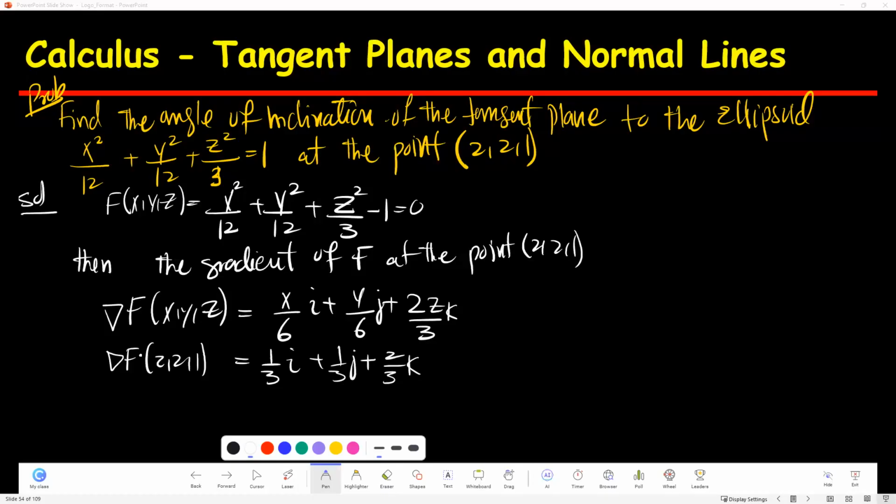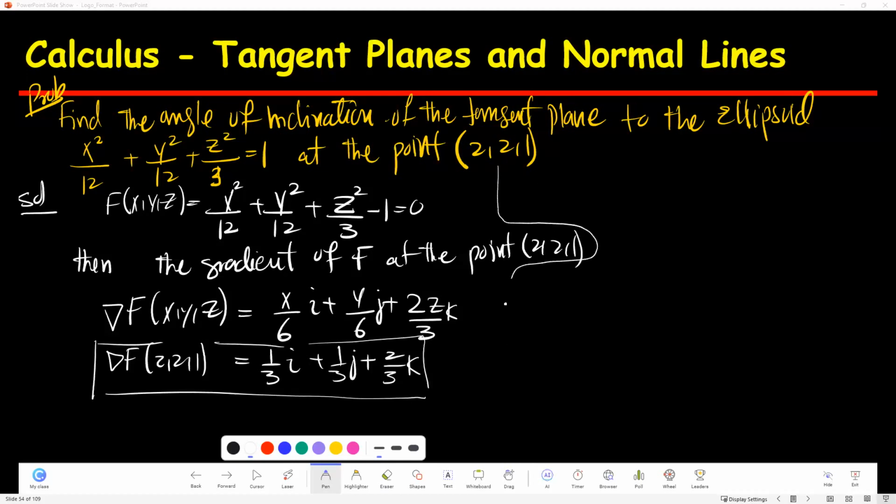Okay. Now that is my vector. Right here. And right here.